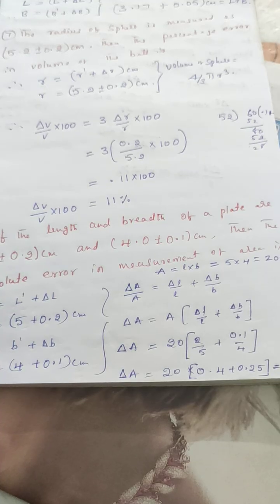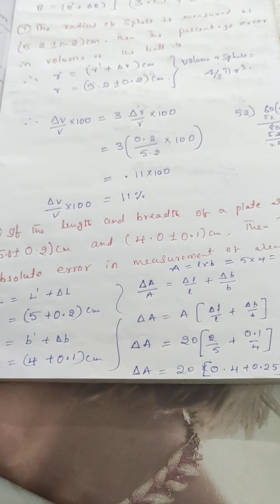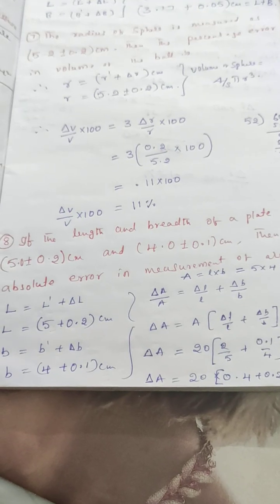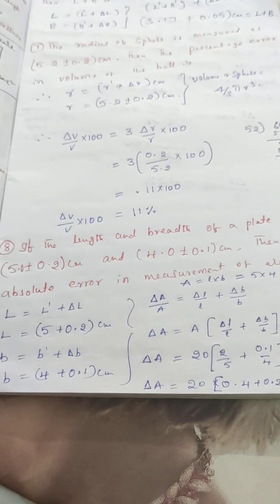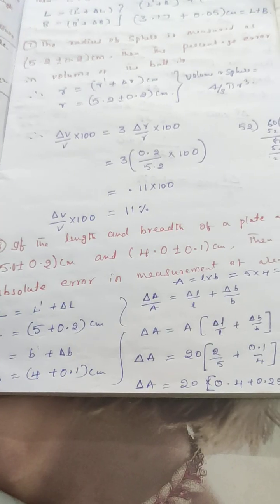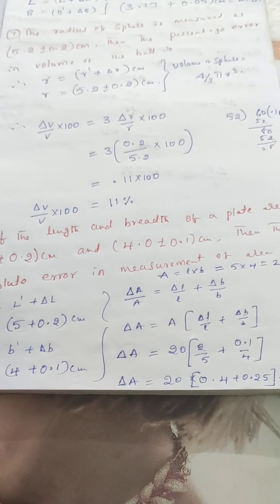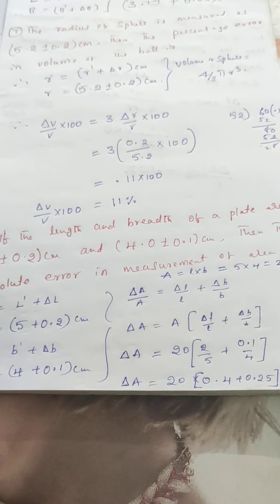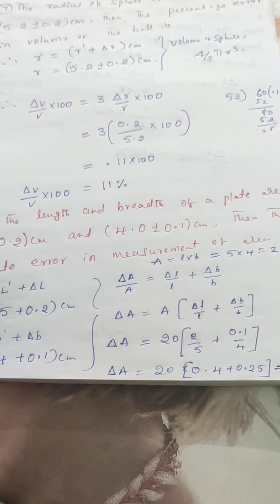Next, delta A by A. Here they are not asking for the total area, only the absolute error. Error means delta A by A is equal to delta L by L plus delta B by B. Power is 1 only, that's why we are adding directly.